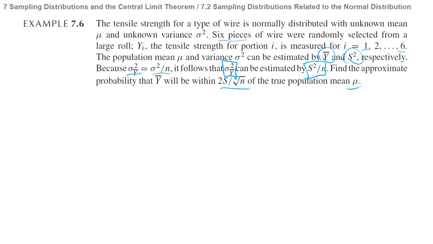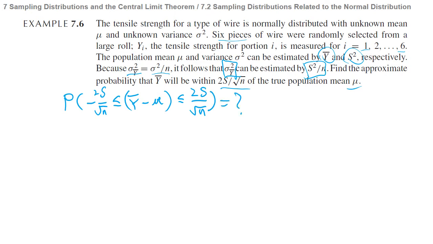So what we want to calculate is the probability that y bar minus mu is within minus 2s over square root of n and 2s divided by square root of n.